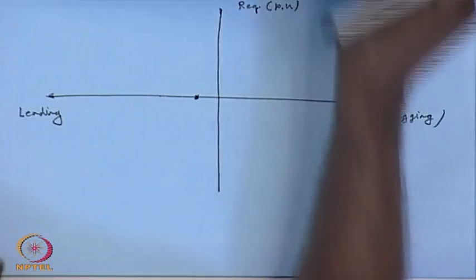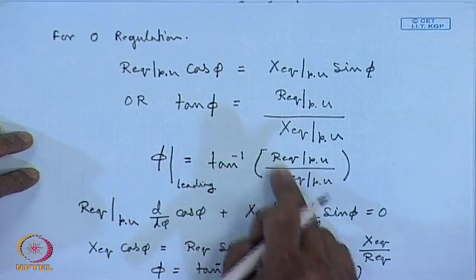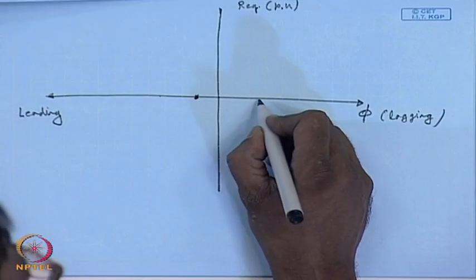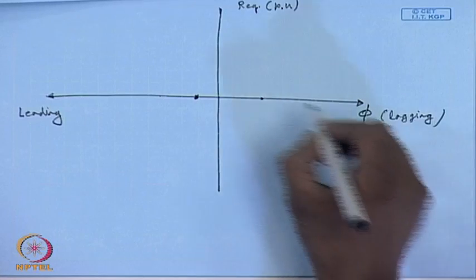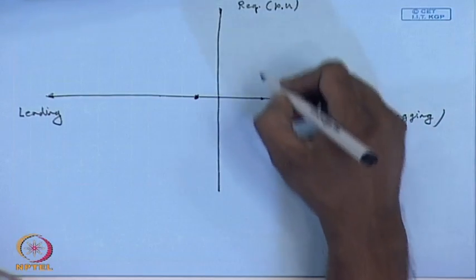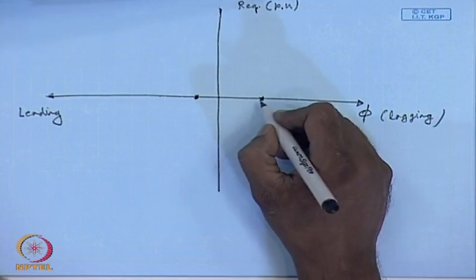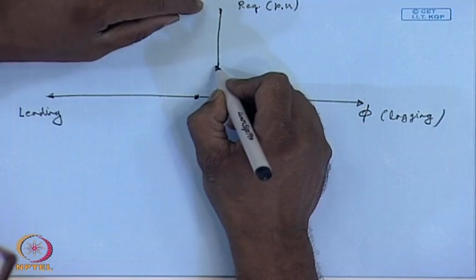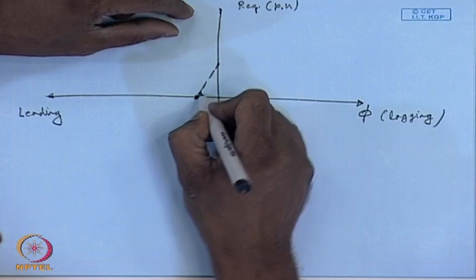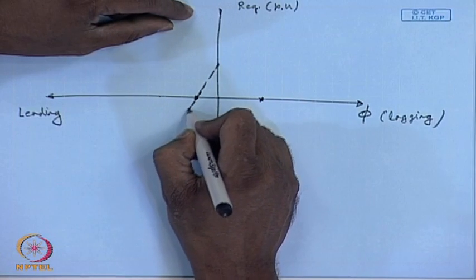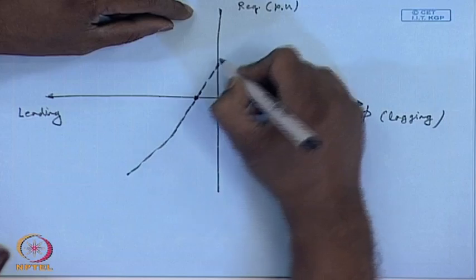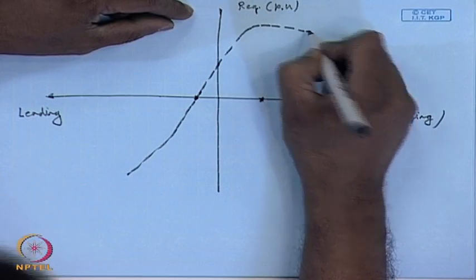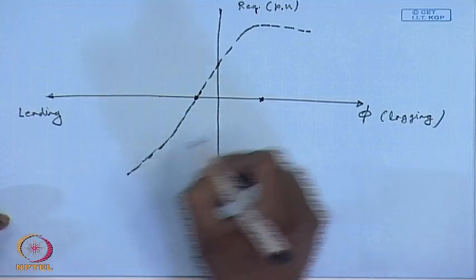We have found this value of phi to be minus tan inverse Req by Xeq. Similarly, there is a phi in the lagging zone where the regulation is maximum. So, the percentage regulation appears somewhat like this.